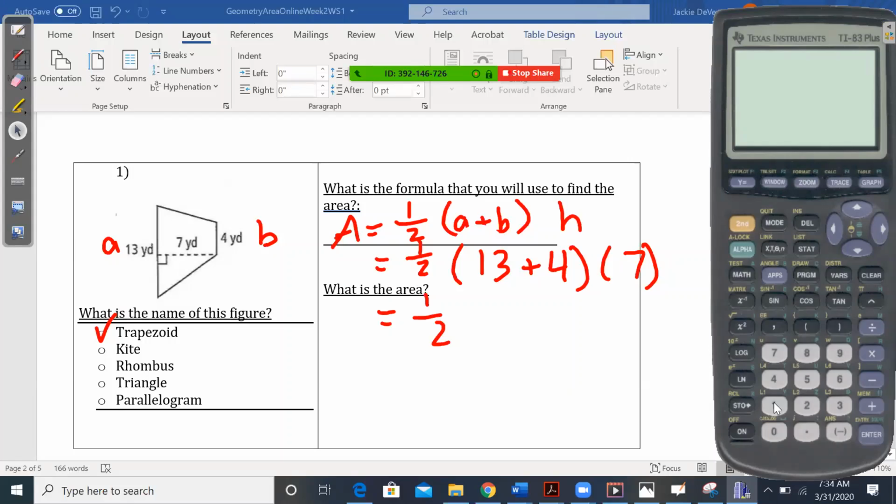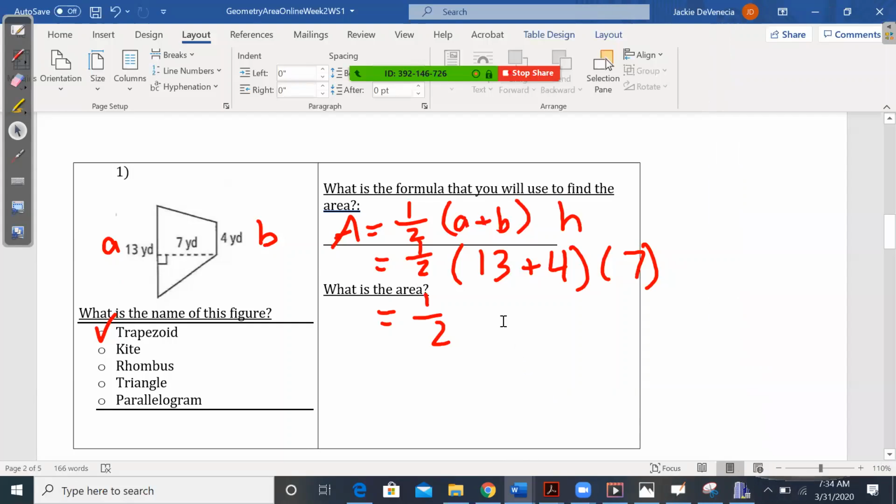Okay, that's not working. All right, so I'm going to put 1/2 times 13 plus 4, that's 17, times 7.